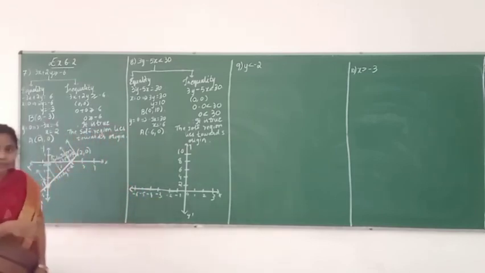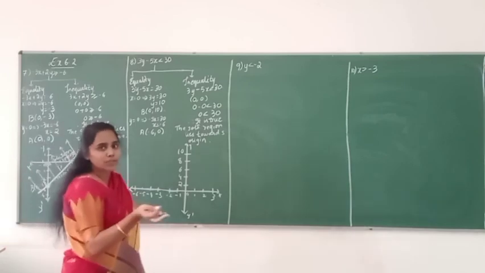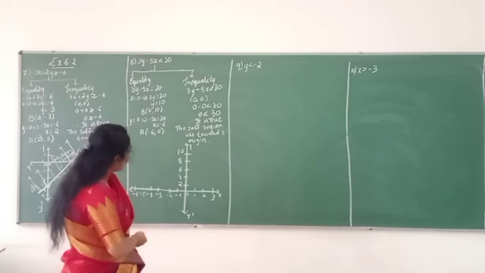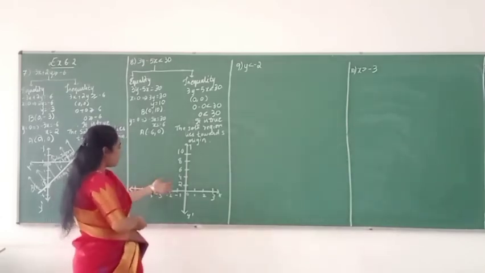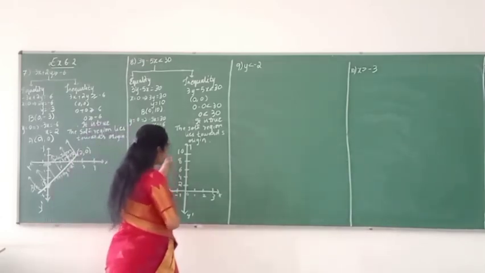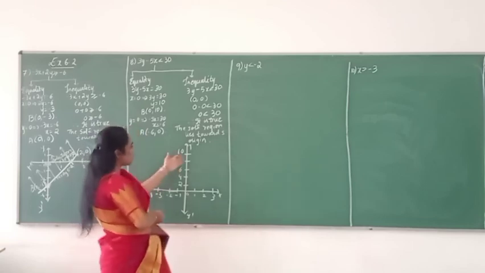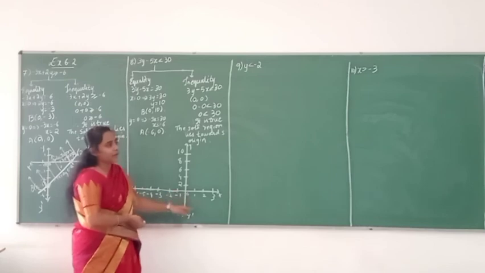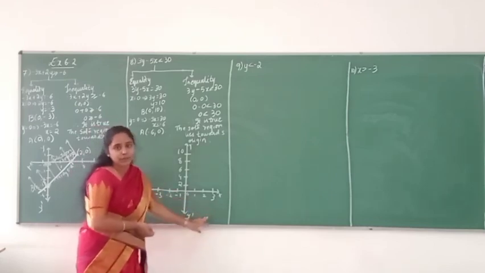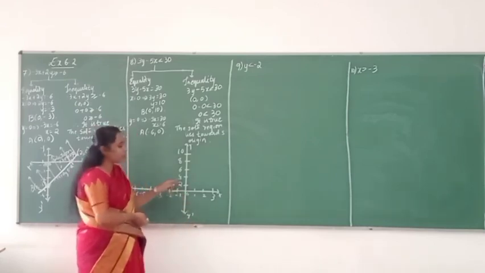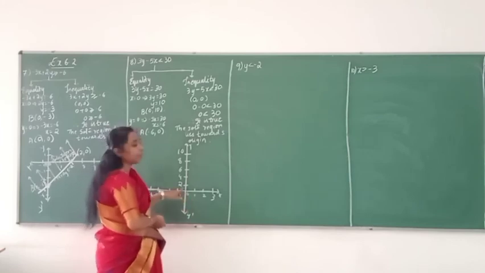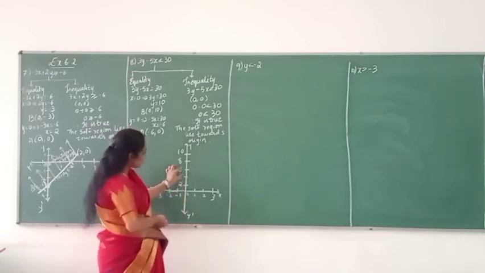Usually we write 1, 2, 3, 4 on the x-axis as well as the y-axis. But to make it easier, I have written even numbers such as 2, 4, 6, 8, 10 on the y-axis, so that it becomes easy for me when I am plotting the graph. So for the x-axis, 1 unit is 1 centimeter, and for the y-axis, 2 units is 1 unit, which is 2 centimeters.